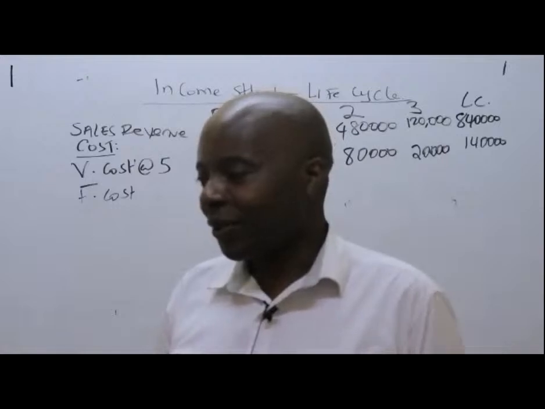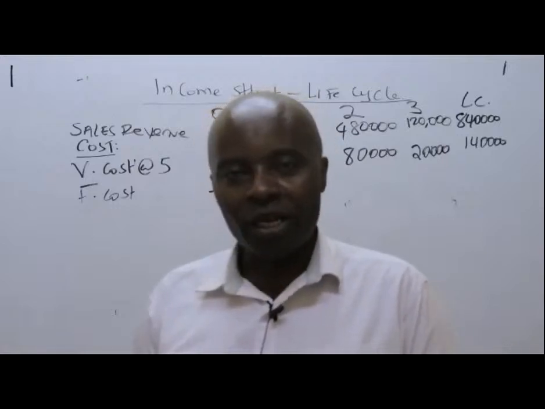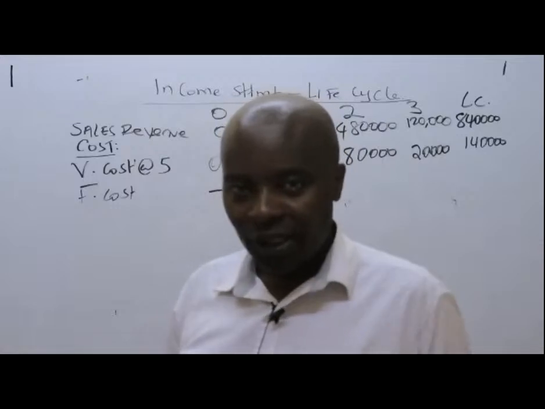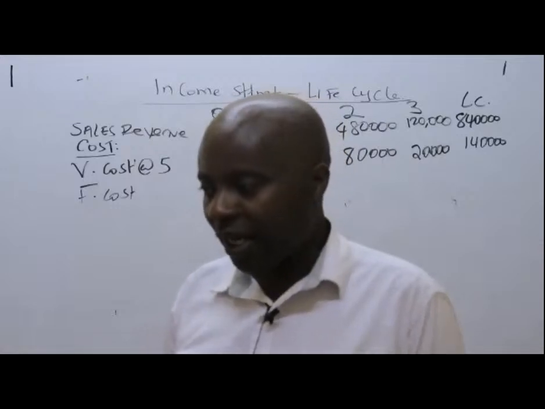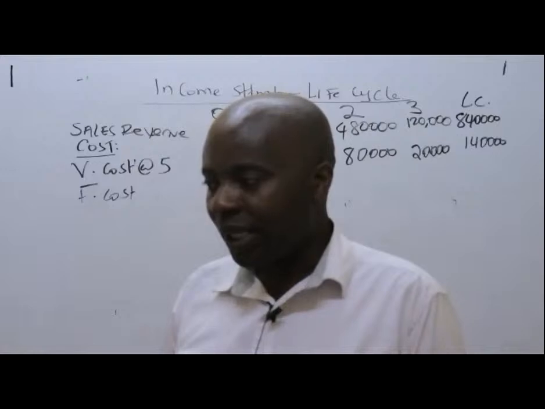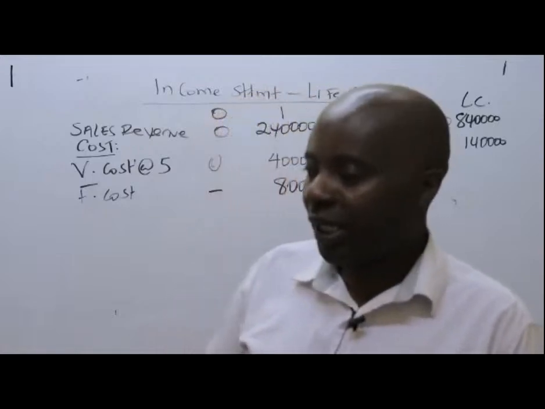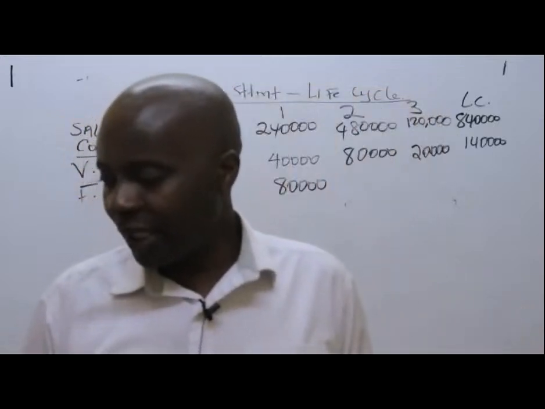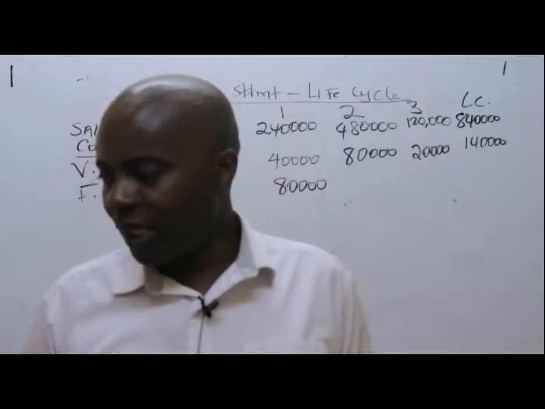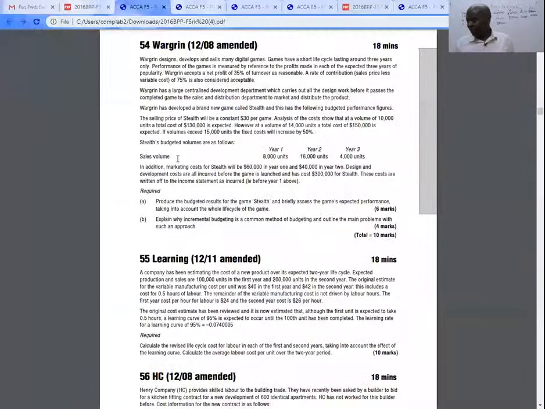Aurelia says 80,000 for all the years because, according to Aurelia, fixed costs are supposed to be constant throughout, which is a great idea. What about other students? Teresa says no, year 2 is supposed to be 120,000. Teresa has read something very serious here: at a volume of 14,000, total cost is 150,000, which is expected.